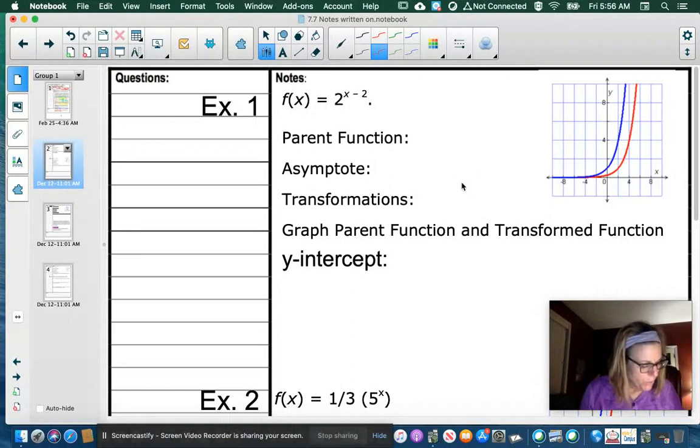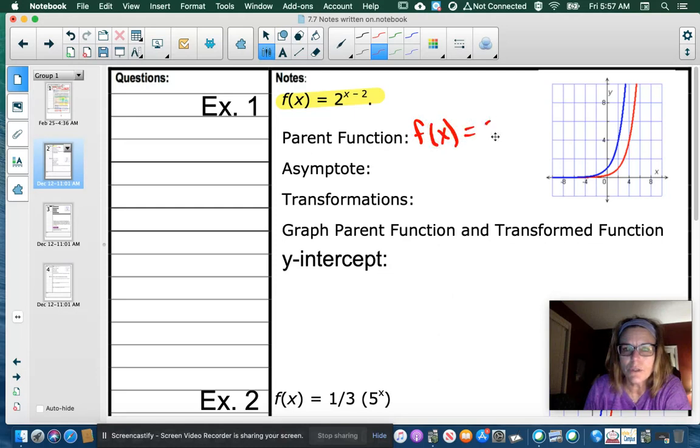Example number 1. All right. So we have the function f of x equals 2 to the x minus 2. Well, I know my parent function is f of x equals 2 to the x. My asymptote is going to be y equals 0 on this one.